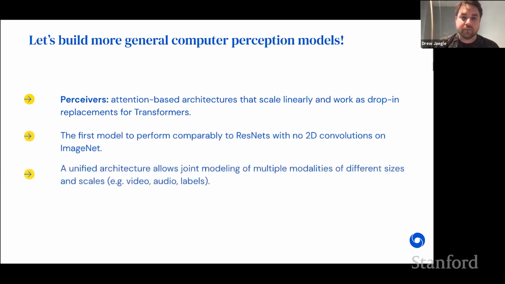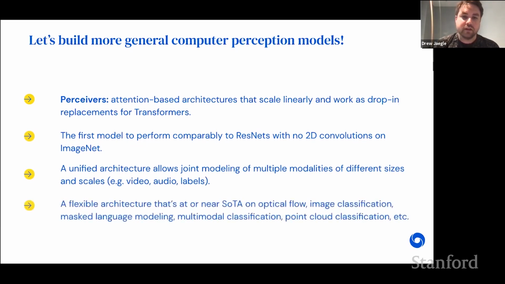It's basically a unified architecture that allows joint modeling of different modalities of different sizes. Overall, it seems to be a quite flexible architecture that's able to produce state-of-the-art or near state-of-the-art results on a variety of different domains.